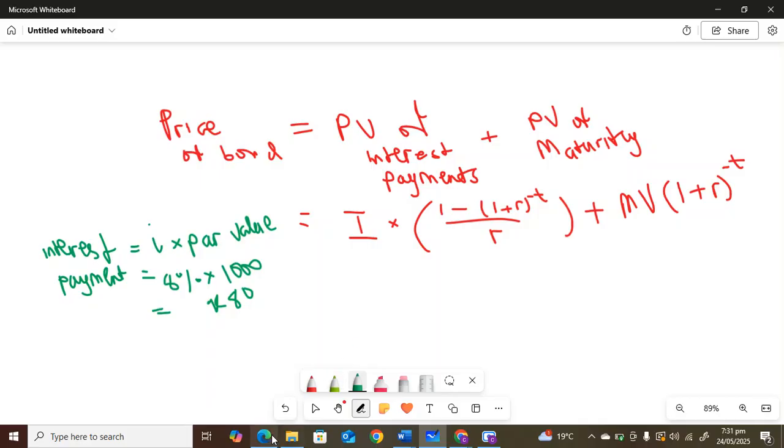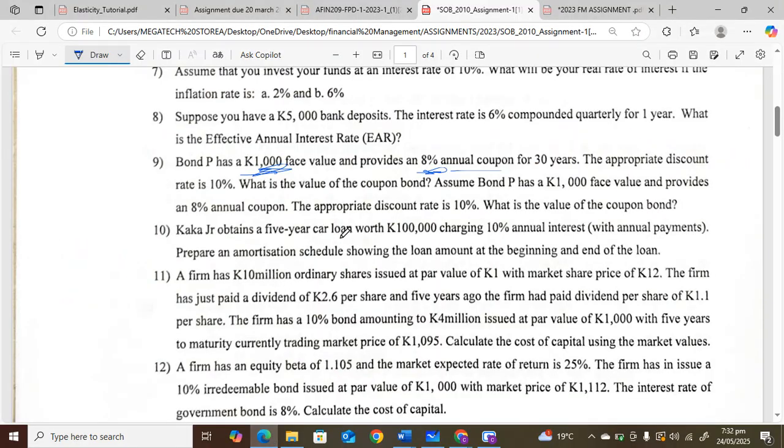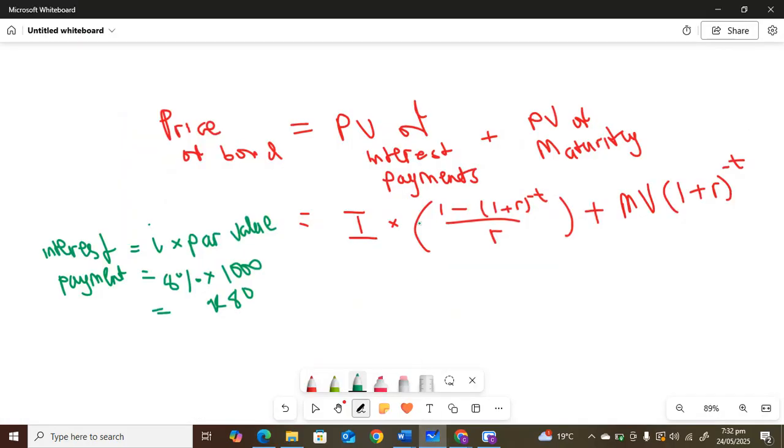So now we can discount this. They've told us the appropriate discount rate is 10%. Okay, so do not use your interest rate as your discount rate. They've already given you a discount rate of 10%. So that's going to represent our R in this formula here.